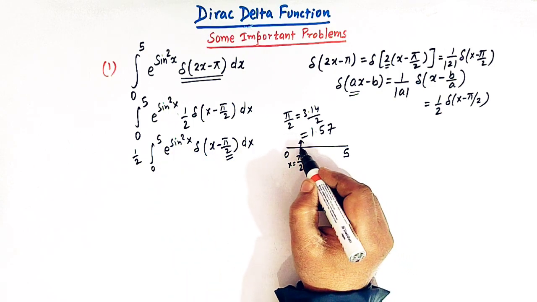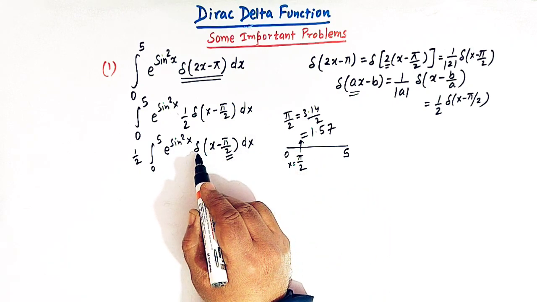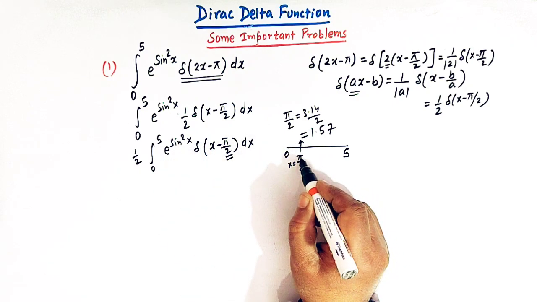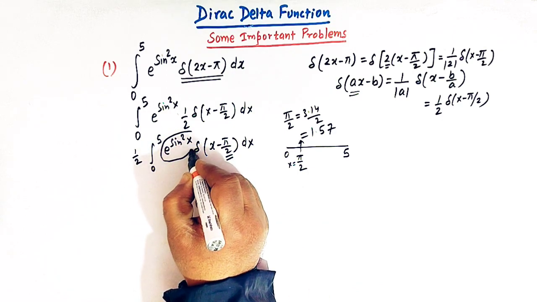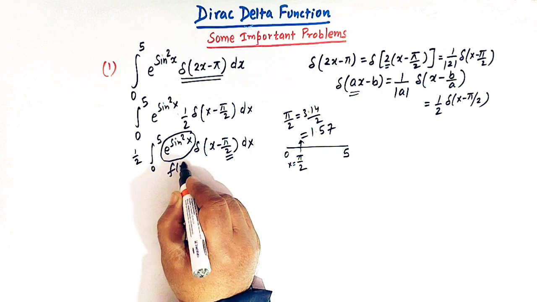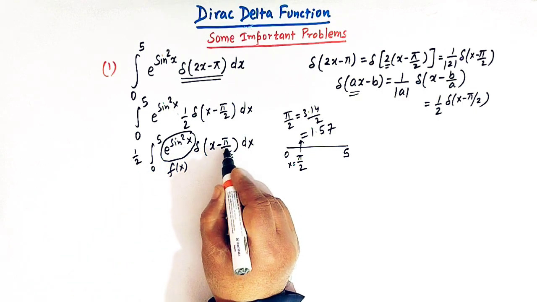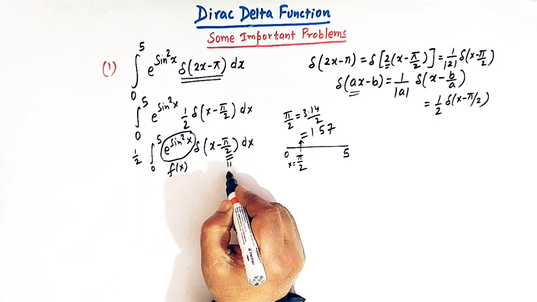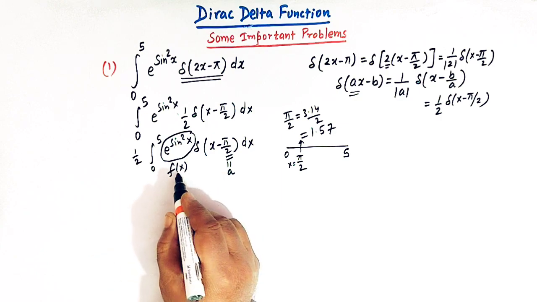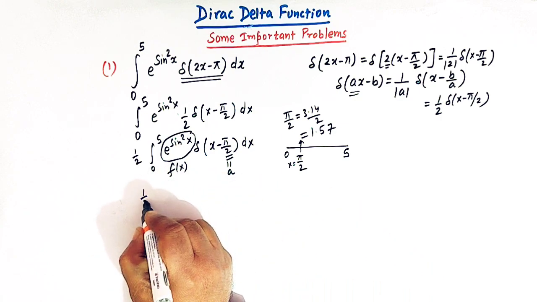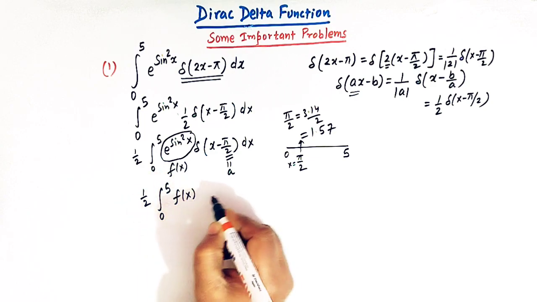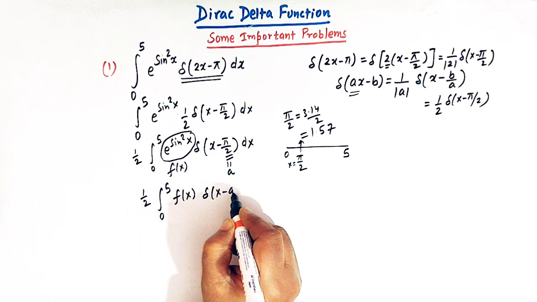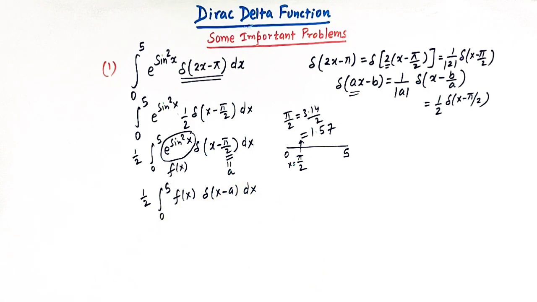So we have the value of the delta function at only this point. Let us take this function as f of x, and let us take pi by 2 as the point a. So we can now have the integral from 0 to 5 of f of x times delta of x minus a dx.